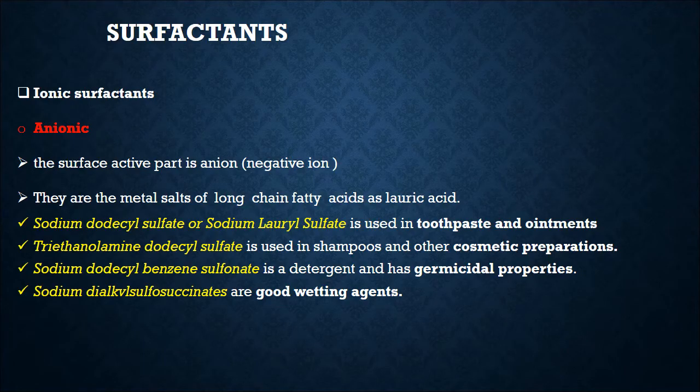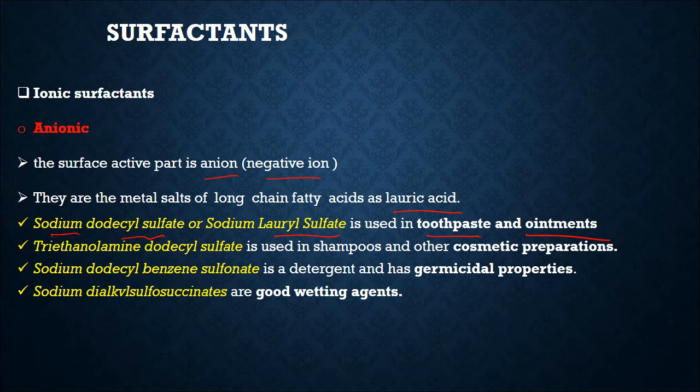For ionic surfactants, let's talk about the anionic surfactants. The surface active part is the anion, which is a negative ion. They are the metal salts of long chain fatty acids, such as lauric acid, or sodium dodecyl sulfate, sodium lauryl sulfate, which is generally used in toothpaste and ointment.